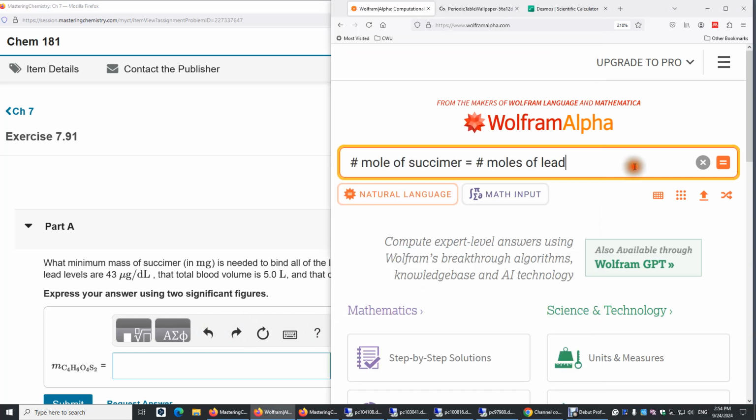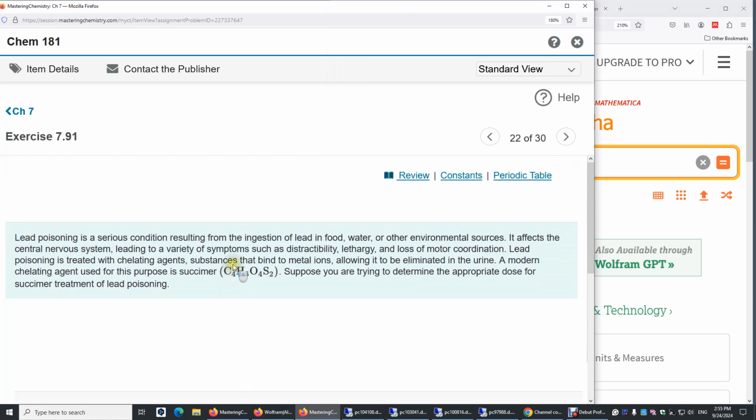On the left hand side of this equation over here, well, we have the mass of Succimer divided by the molar mass. Now let's set up the equation. I'm going to assume the mass of this is m in grams divided by the molar mass of this chelating agent.